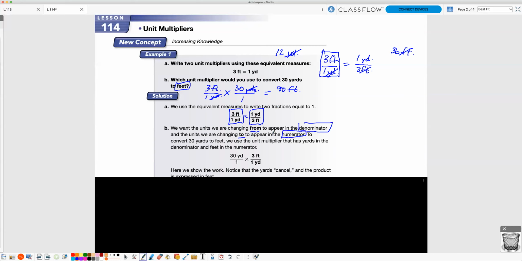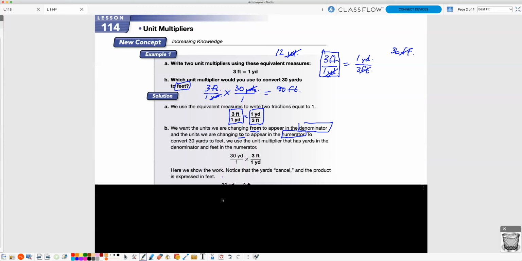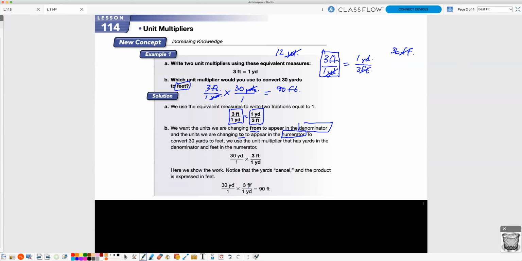So keep that in mind. To convert 30 yards to feet, we use the unit multiplier that has yards in the denominator and feet in the numerator. And then you can show the work. Yards cancels itself out, and you're just left with 30 times 3, and then your label would be feet.